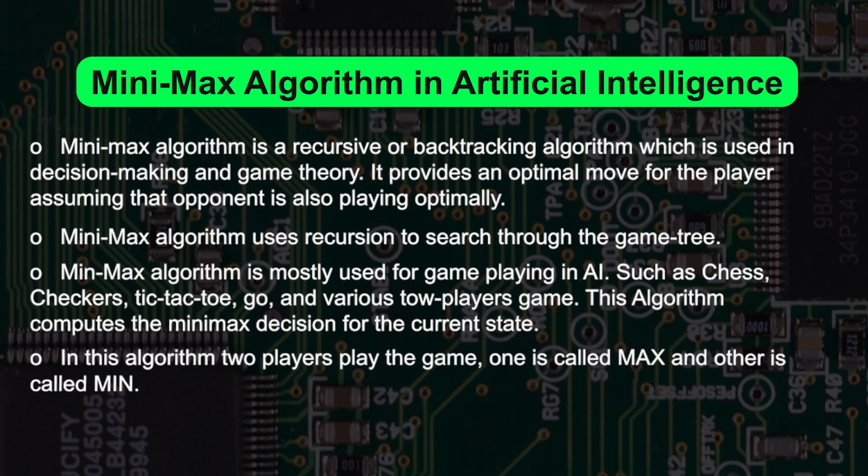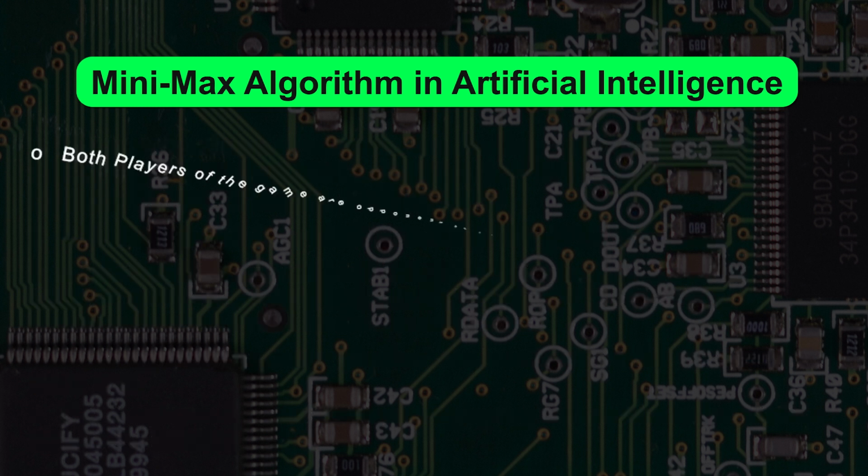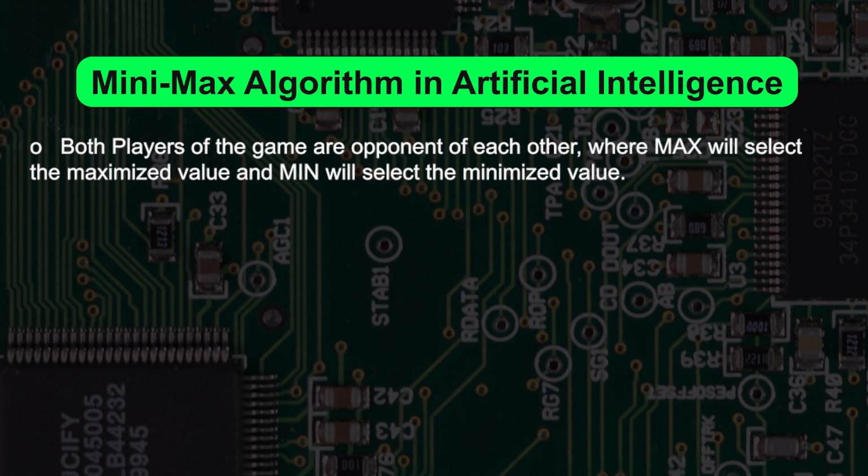In this algorithm, two players play the game. One is called Max and the other is called Min. Both players play so that the opponent gets the minimum benefit while they get the maximum benefit. Both players of the game are opponents of each other, where Max will select the maximized value and Min will select the minimum value.